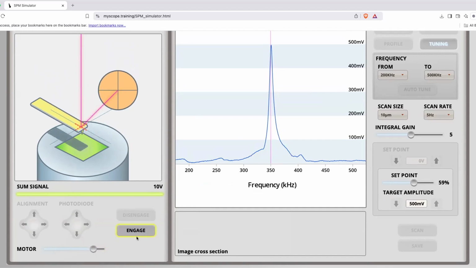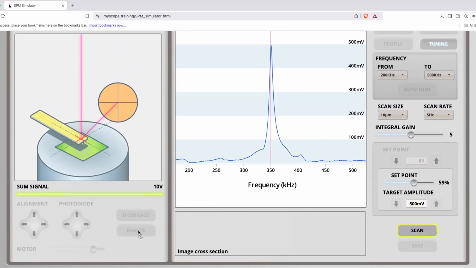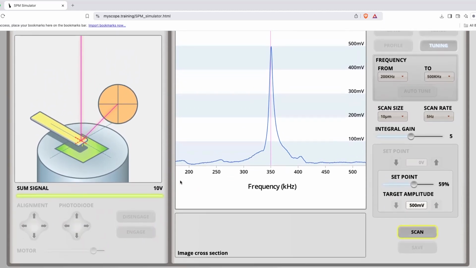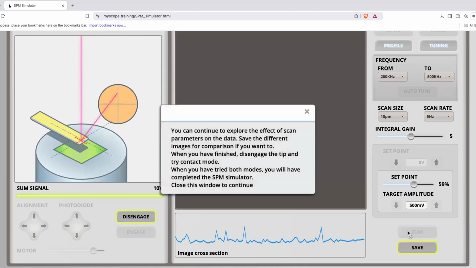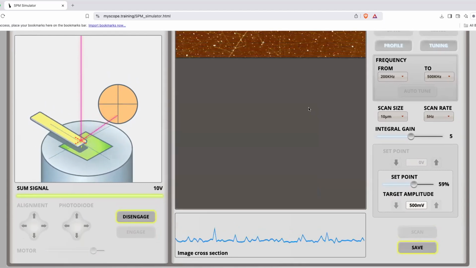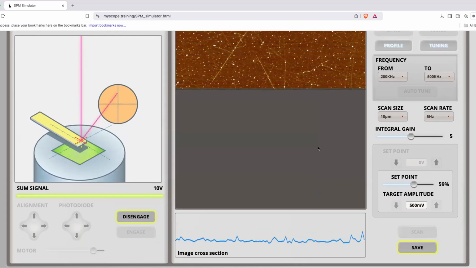Now you see this engage, because generally you go close, but our human resolution is not so great, right? So we want the instrument to do some of the work by itself. And here it is. Now we start scanning and you start to see your AFM image.